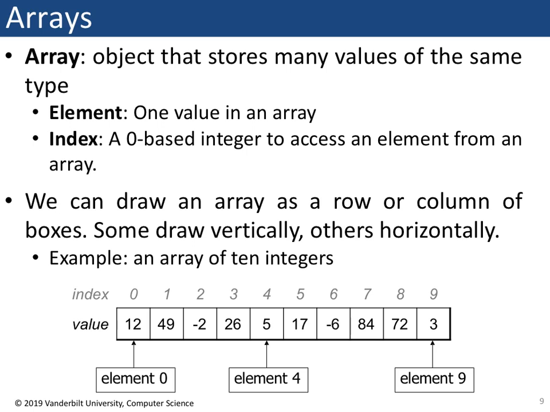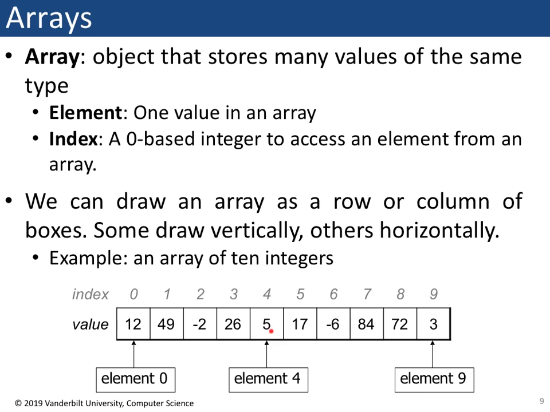The typical way to depict an array is a connected group of boxes, with each box being the location of one element. In this example, we have a 10 element array of type integer, but that means our maximum index is 9 because we always start counting from 0 with arrays. So this is element 0 because it is also index 0.